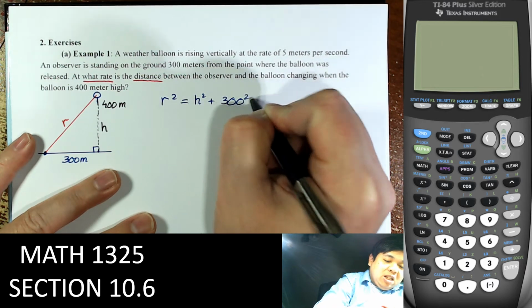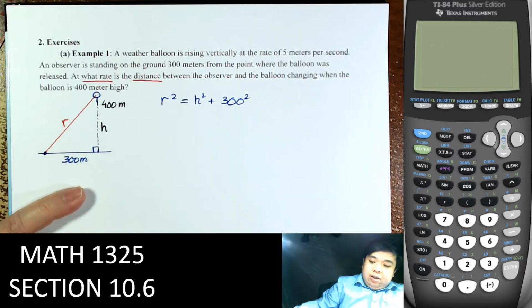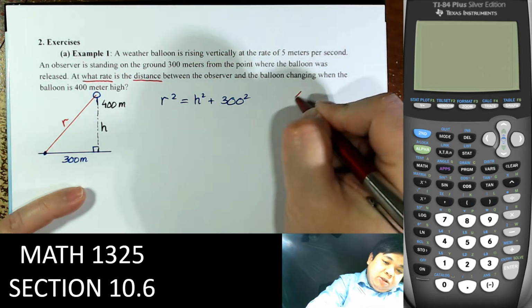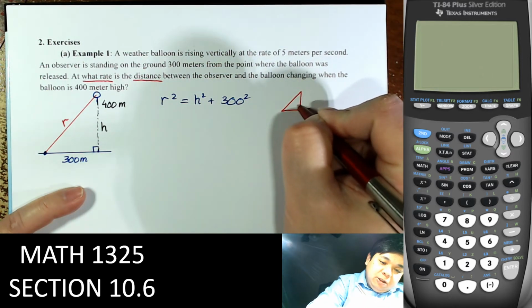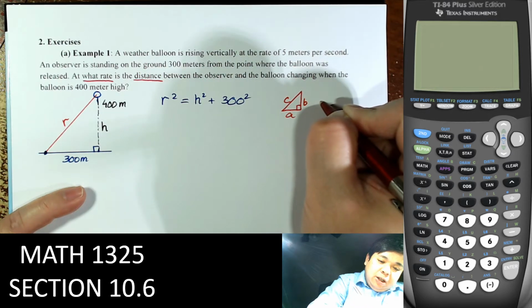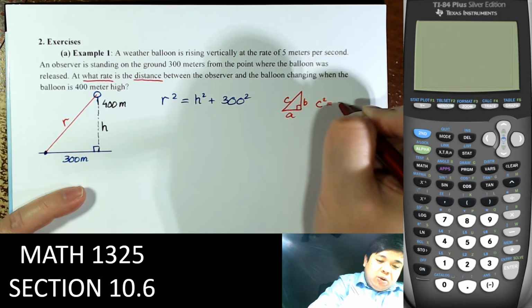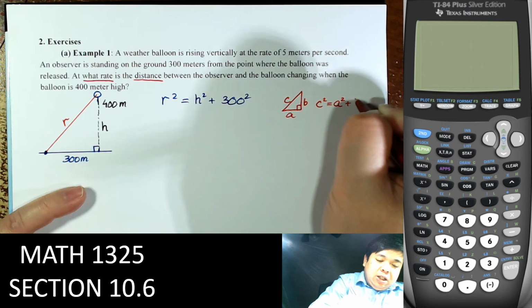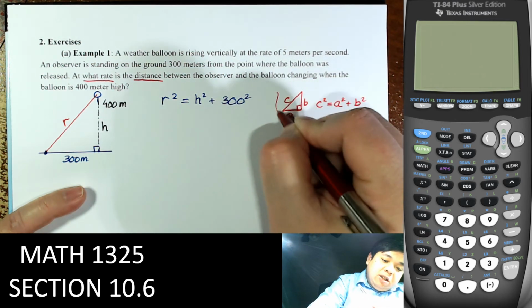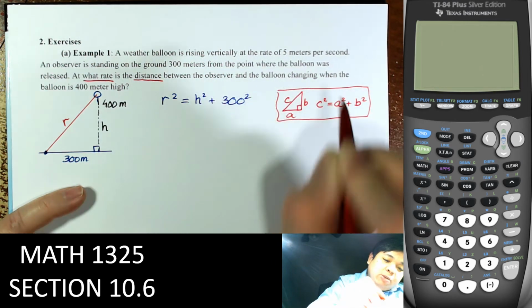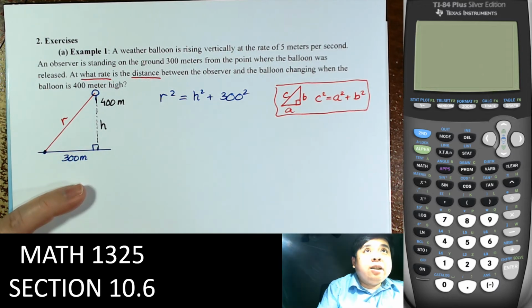That's the Pythagorean theorem. So in the right triangle, the hypotenuse square is equal to the sum of the square of the legs of the right triangle. Right, so like that. Right, so let's see what is given.